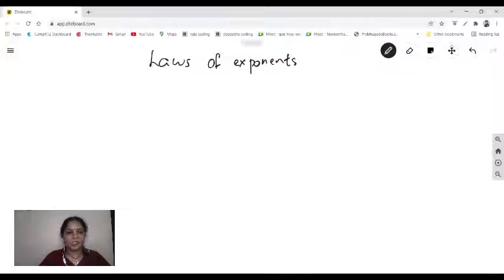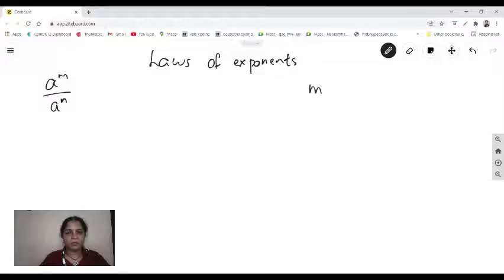Now coming to the second law, which is a to the power of m over a to the power of n. Before we go to what it is equal to, we'll understand what is the idea behind this. Now we don't know what is m, we don't know what is n, but there are three possible combinations, right?